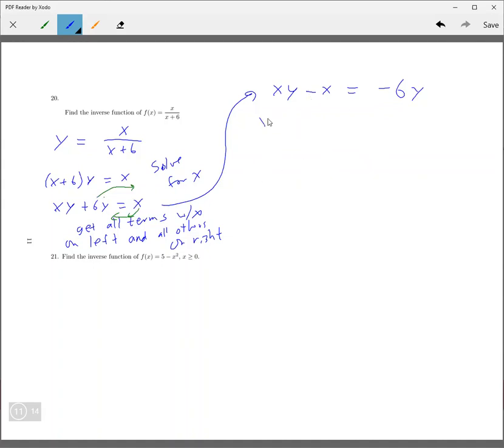Now I'm going to factor an x out, and then I just divide by this. And then it comes to the last part, where we replace the x with an f inverse of x and replace all y's with x's.